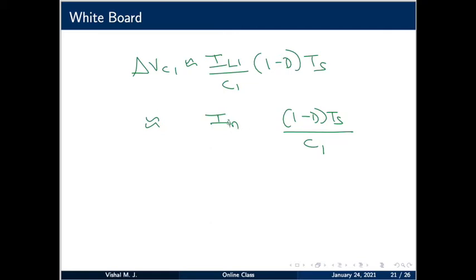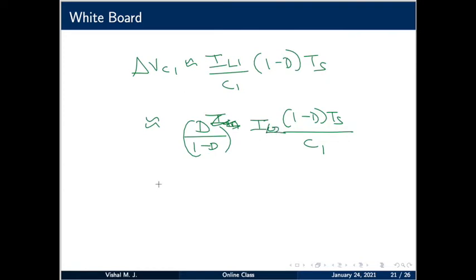Okay. So we are interested in expressing it in output voltage terms. If that is the case, you convert it to I0 using the transformation ratio, D by 1 minus d into I0. This I0 is the same as IL2.